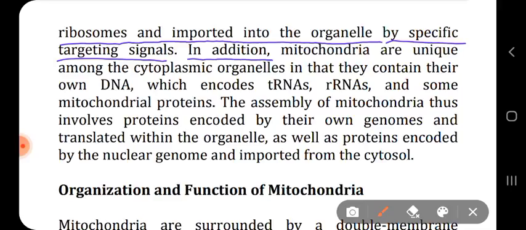In addition, mitochondria are unique among the cytoplasmic organelles in that they contain their own DNA.